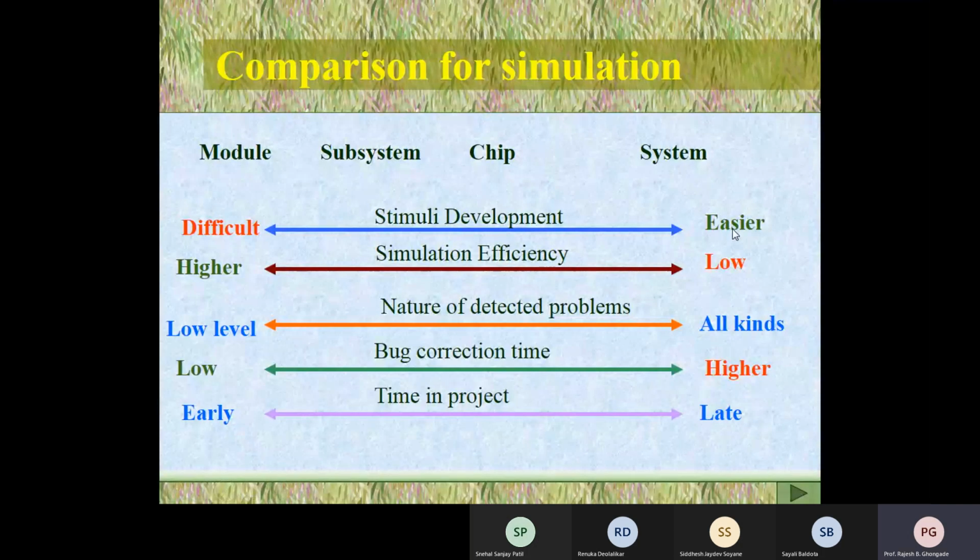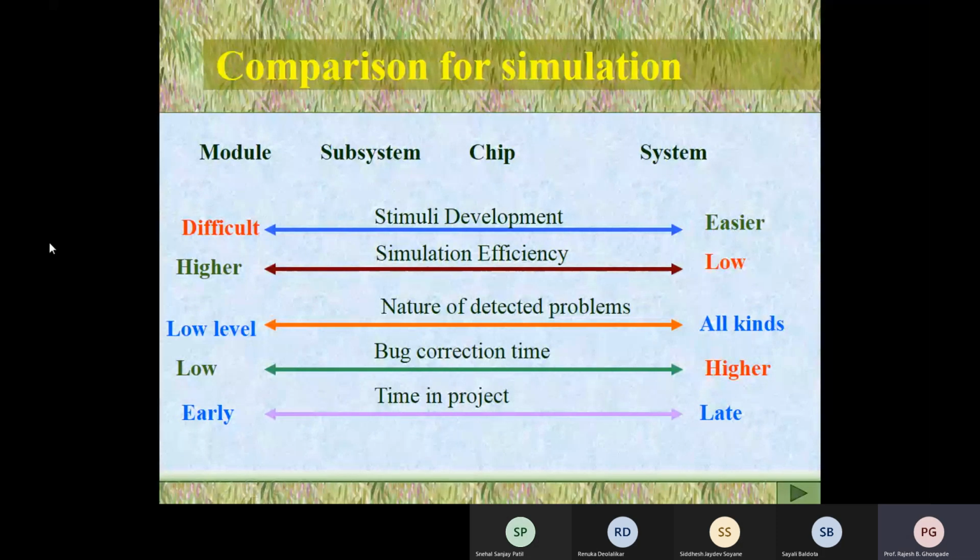A very simple example I would like to quote is the PC itself. If you are building a PC, the working of the entire PC will be a very simple thing to simulate, because you check whether it boots or not, whether it accepts the inputs from the keyboard, whether it displays properly. So the stimuli development itself is easy.